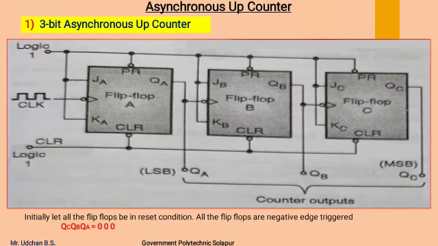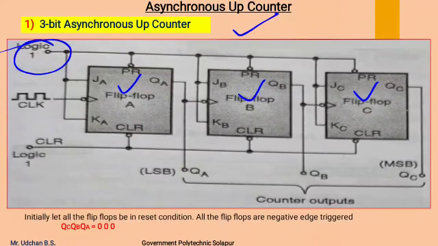Now we will first see the asynchronous up counter. We are going to see a 3-bit asynchronous up counter, which consists of 3 flip-flops: flip-flop A, flip-flop B, and flip-flop C. Basically, a JK flip-flop is used, in which J and K, both the terminals, are tied together and connected to logic 1 signal.